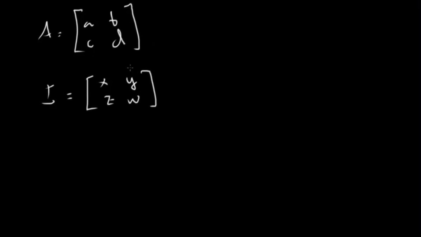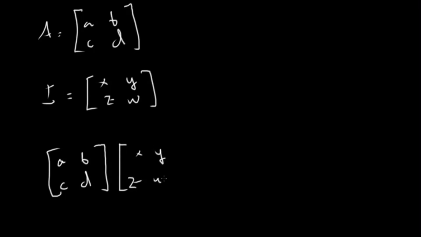We need to figure out what x, y, z, and w are such that the matrix a, b, c, d times x, y, z, w is a, b, c, d. So this is going to turn into a little system of equations.